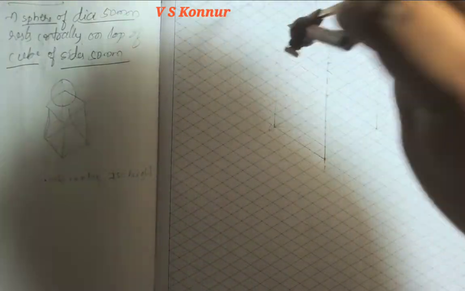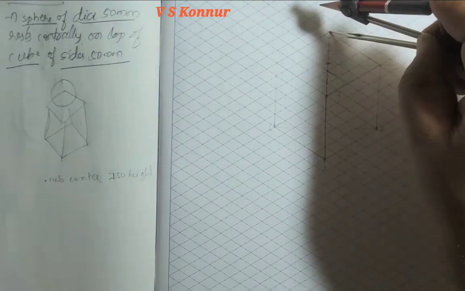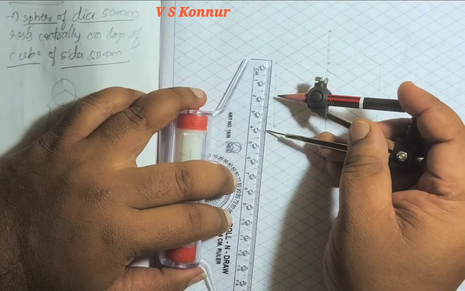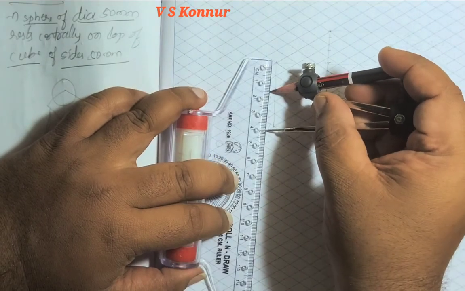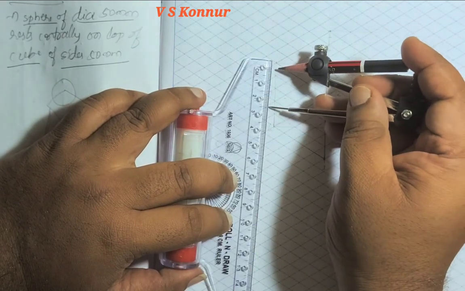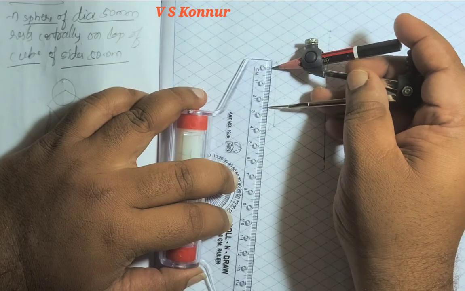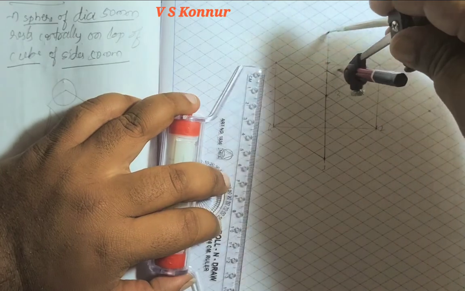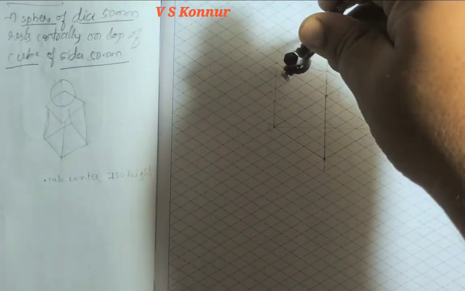Then you have to draw from this center with the original height. Once again you can check. The height which I have taken is 25. So this is the 25 I have taken. By keeping this height, you have to draw a sphere.